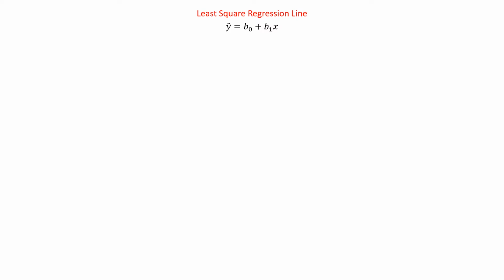The constant will always have b naught, or sometimes a. And then the linear term would be next. Always has b1, or sometimes just b. The squared term would be next with b2. The cubed term would be b3. And so it's in order like that. So it doesn't matter how big of a polynomial we have, those values are always the same.